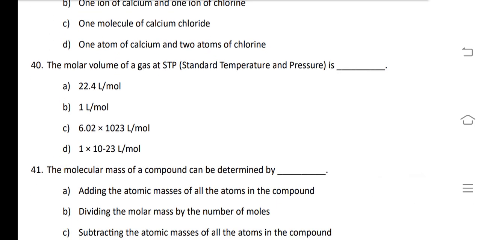Our next question. The molar volume of a gas at STP, that is standard temperature and pressure, is 22.4 liter per mole.